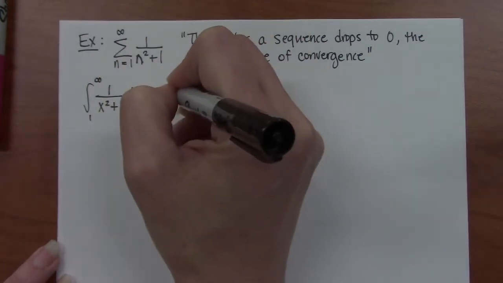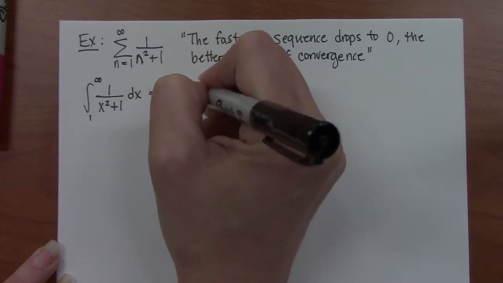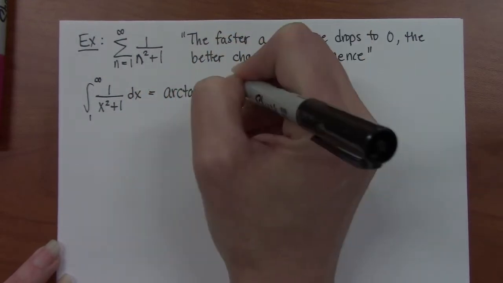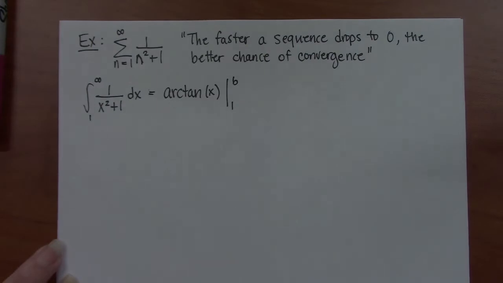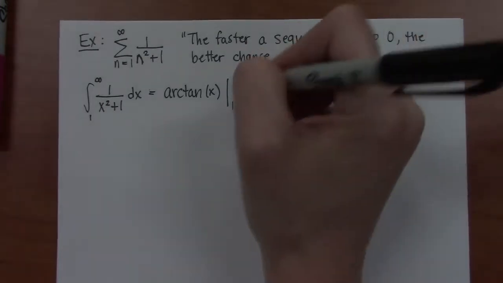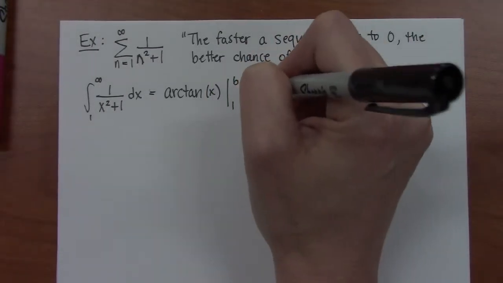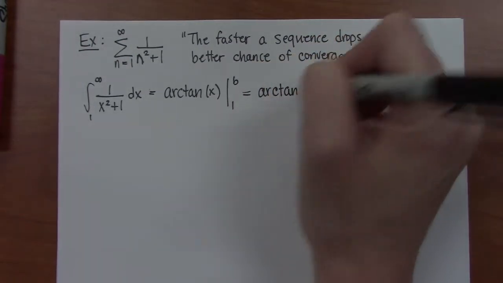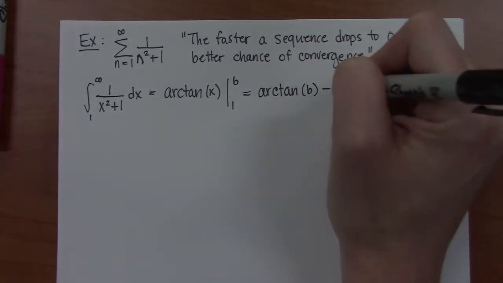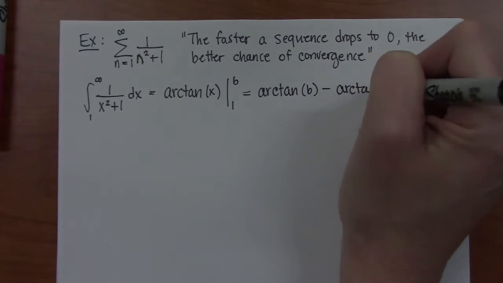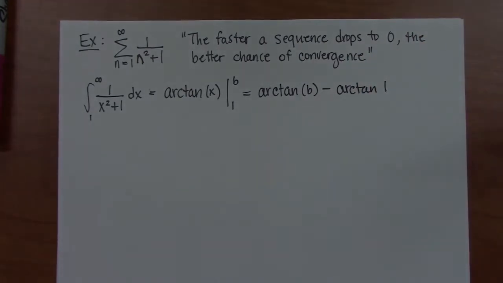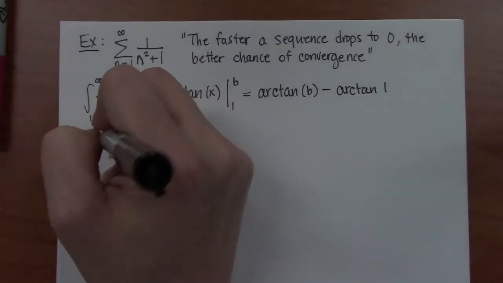well, I know that this is going to be arctan of x, and we'll evaluate it from 1 to b. So this is going to be arctan of b minus arctan of 1, and this is what we need to take the limit of as b goes to infinity.